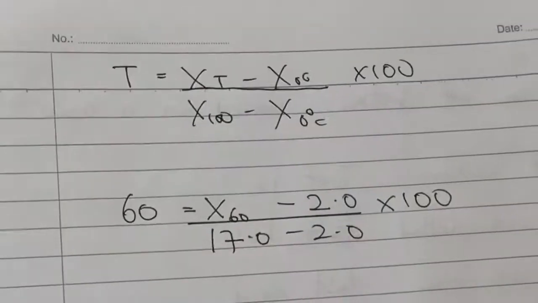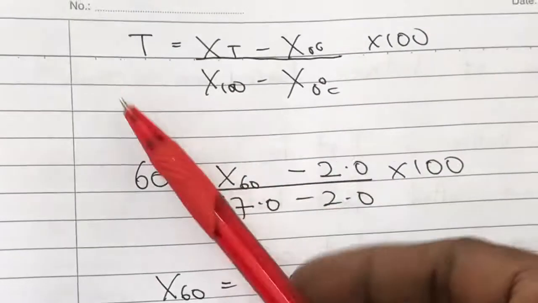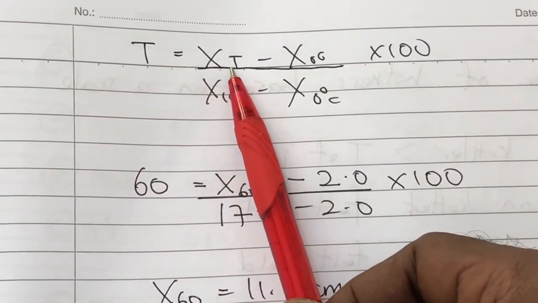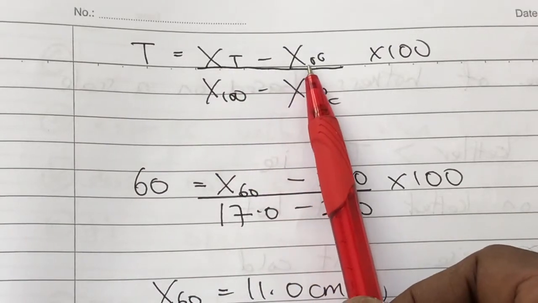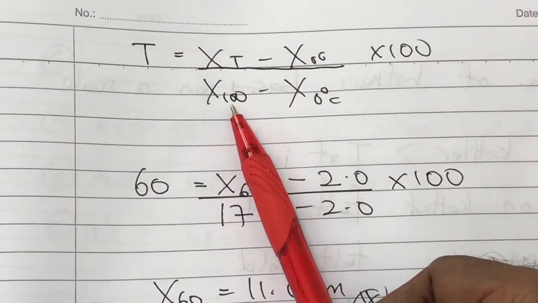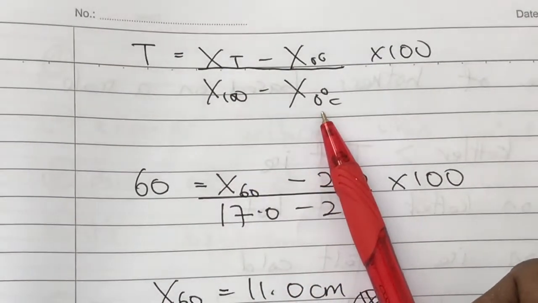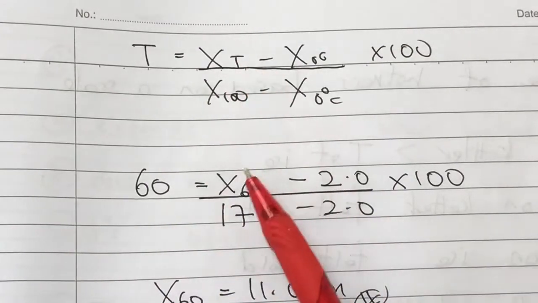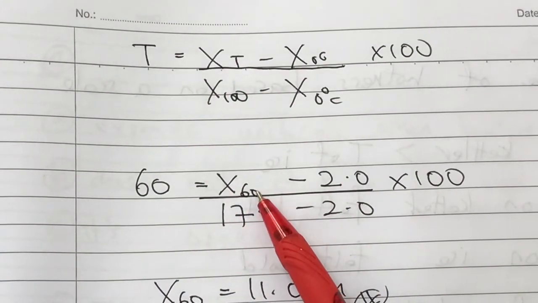And for the answer, of course, we remember the formula. The particular temperature is the length at that temperature minus the length at 0 degrees Celsius, divided by the length at 100 minus the length at 0. The particular temperature given is 60. We want to find the length at 60 degrees.